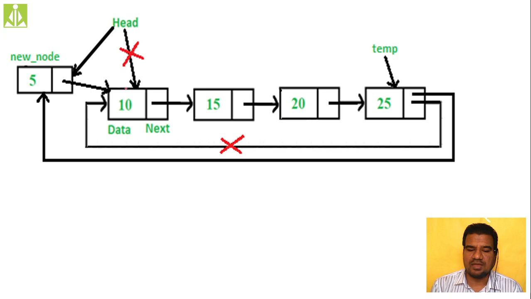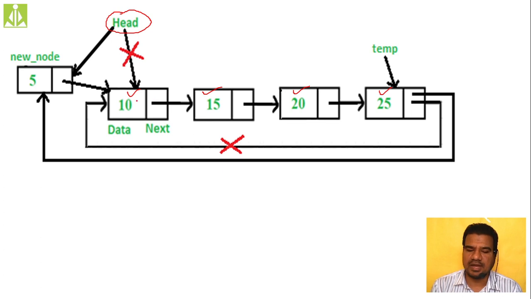The same thing, we have 10, we have 15, we have 20, we have 25. Before adding this node, the head pointer was pointing to the first node. Before adding this 5, your head node was the node with 10 as value.